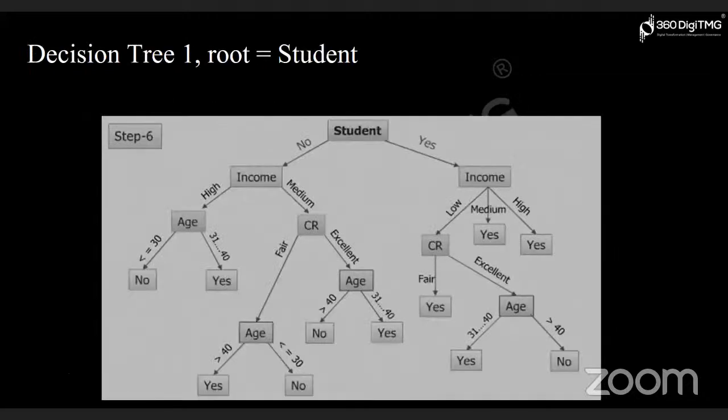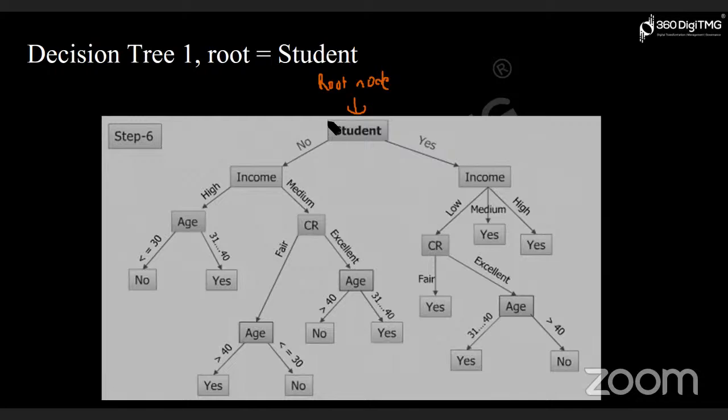So this is what a decision tree looks like. Here we have some data set. We are looking at whether a person is going to buy a laptop or not. We have an attribute called student. This would be the root node. This node defines where the rest of the segmentation is done.